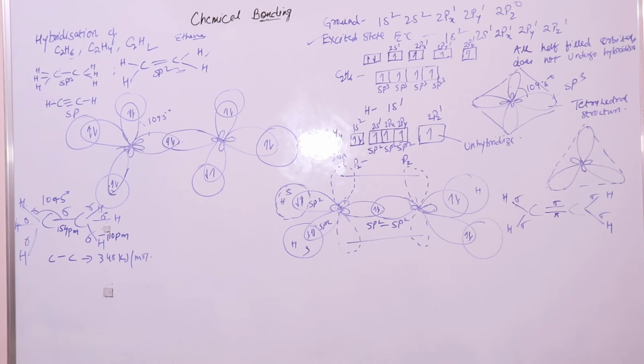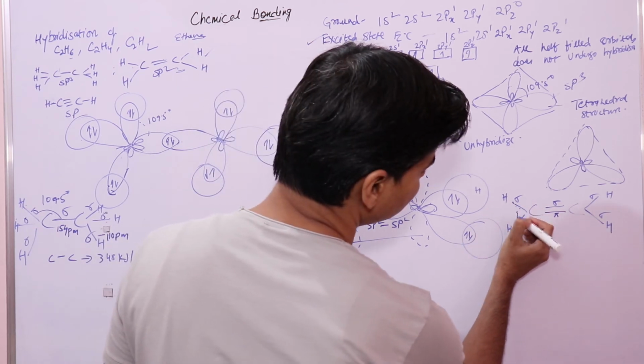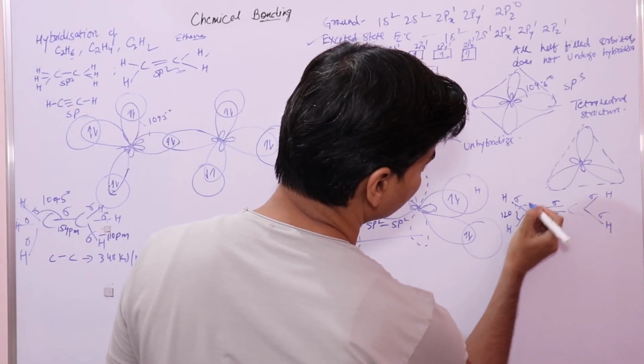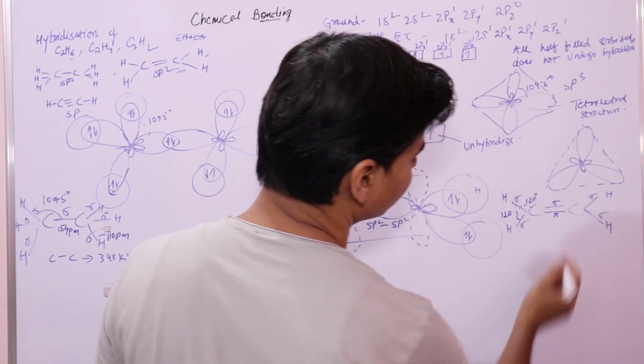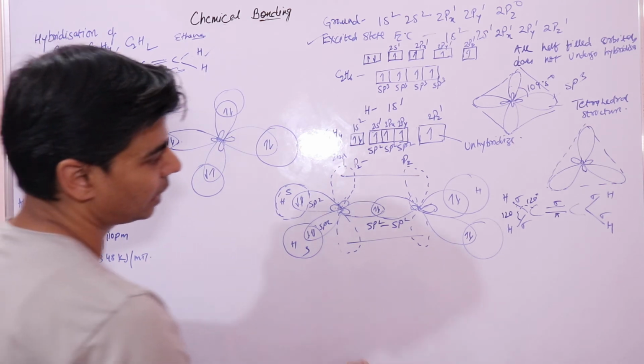Now, since this is sp2 hybridization, the angle between any two orbitals is 120 degrees. The C-H bond length is 109 pm.